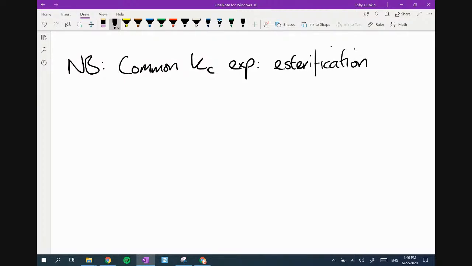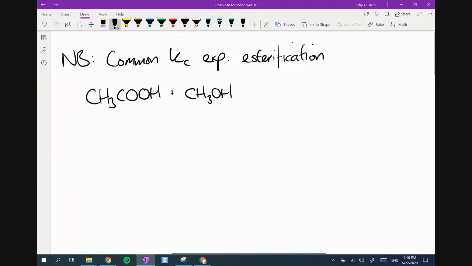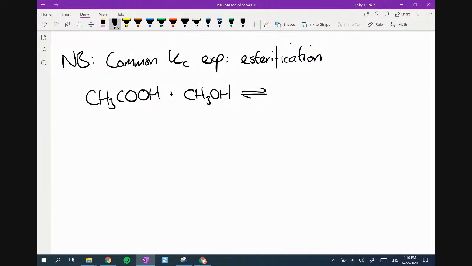So I'll give you an example. Let's keep it as simple as possible. Let's do ethanoic acid plus, let's go for methanol. I could have gone for methanoic acid, but, and it's in equilibrium to form an ester and water in this case.